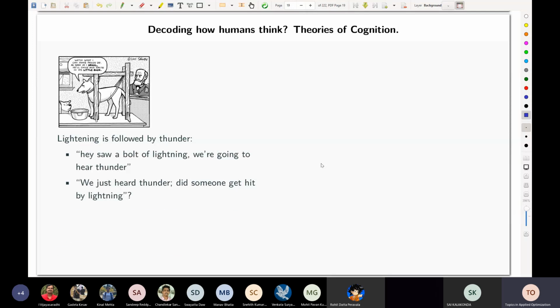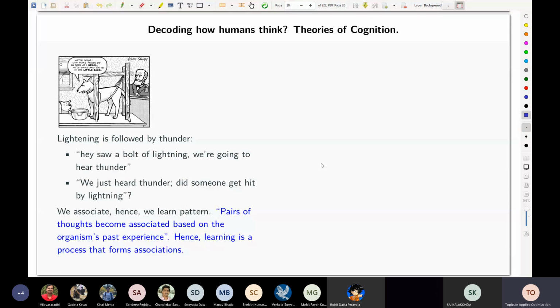So from here we are trying to build or associate things. We associate, hence we learn patterns. One theory of learning is that we learn because we associate. The pairs of thoughts become associated based on the organism's past experience. Hence, learning is a process that forms association. In this example, we see a bolt of lightning and we expect thunder will follow.